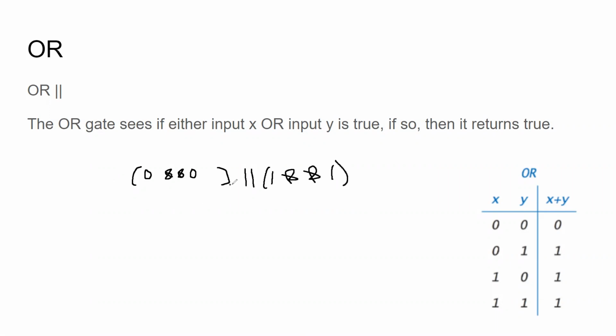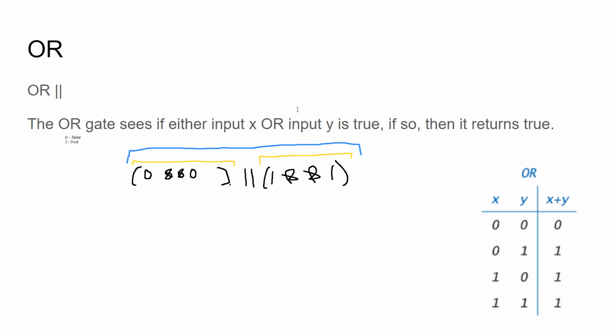We're taking the OR of this expression, comparing these two expressions, this and this, and then this is the thing in whole. So let's break down this question. Let's just define 0 as false and 1 as true.